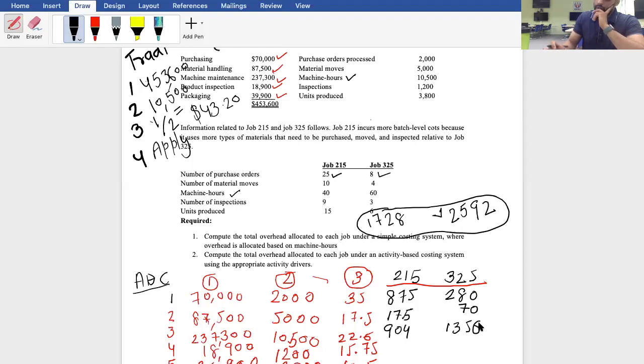Next is 15.75 multiplied by 9, which is 141.75.